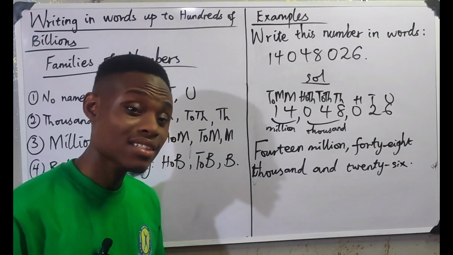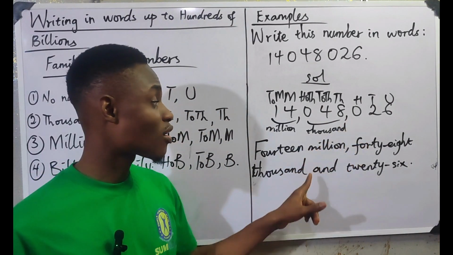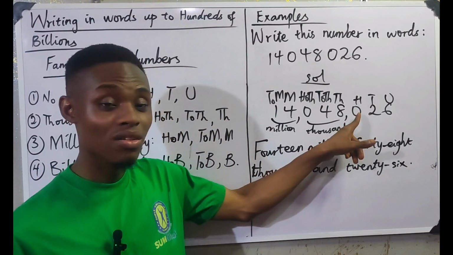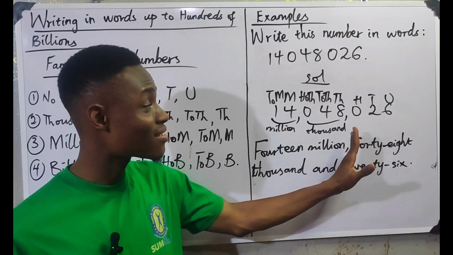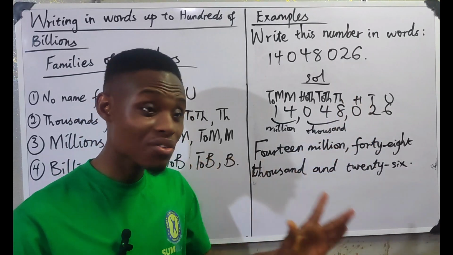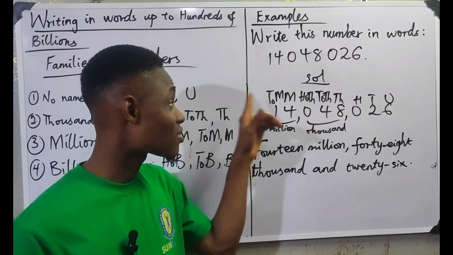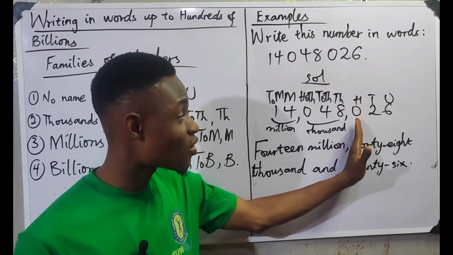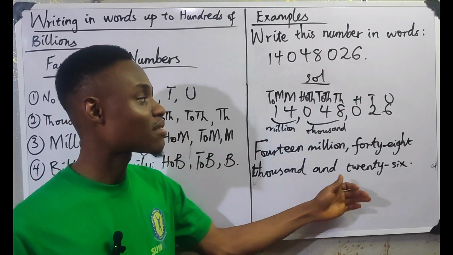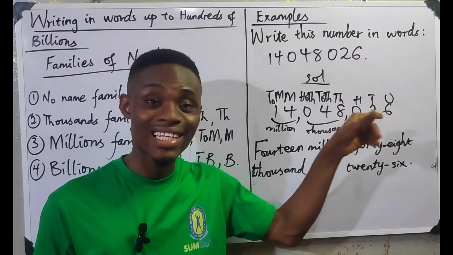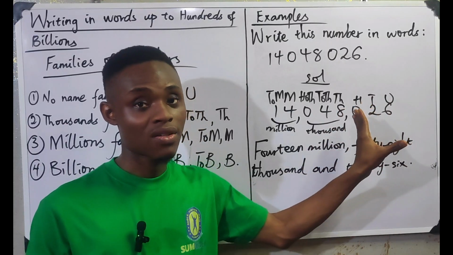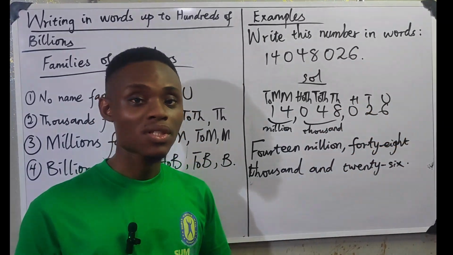You see what I did here, right? I didn't put this comma because there is zero under hundreds. So whenever you see zero under hundreds, only hundreds, not hundreds of thousands, not hundreds of millions, make sure you write "and" before you write whatever is left in this particular family. Okay? Over to the next question.